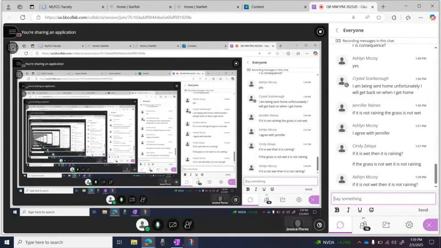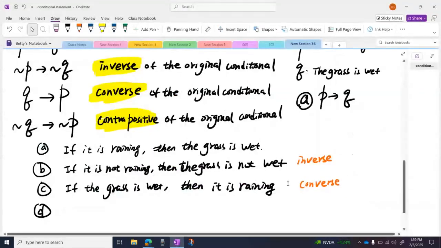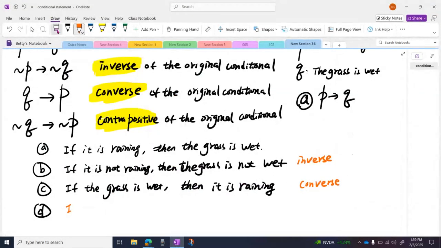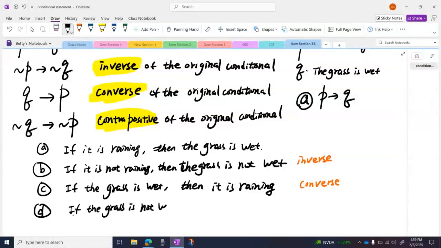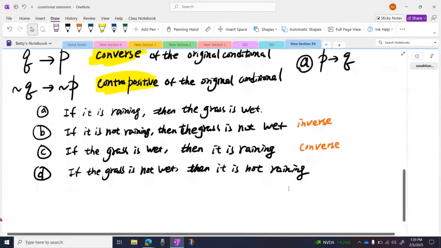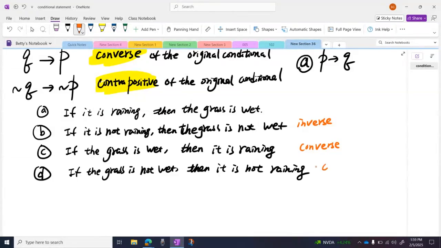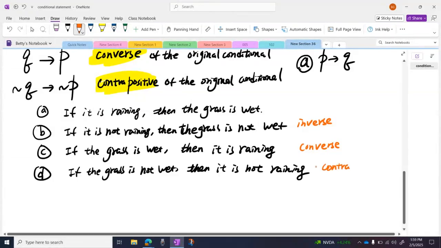Exactly. Thank you, Ashley. That's correct. Awesome. Very good. Okay, now let's look at A, B, C, D. D is the contrapositive.